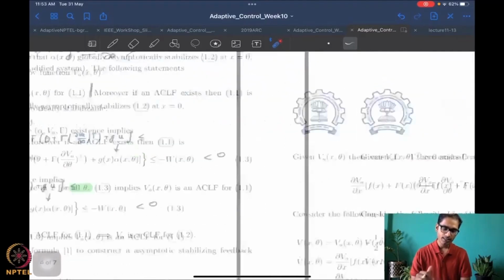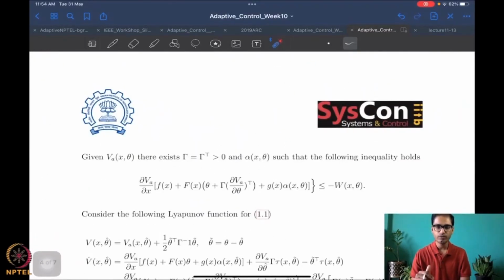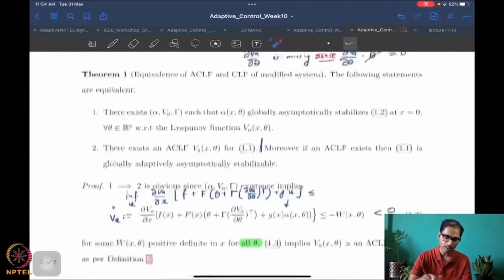Okay, so let's look at this proof a little bit. If I'm given this VA, it implies that there exists a positive definite gamma and an alpha, because of Theorem 1 essentially.